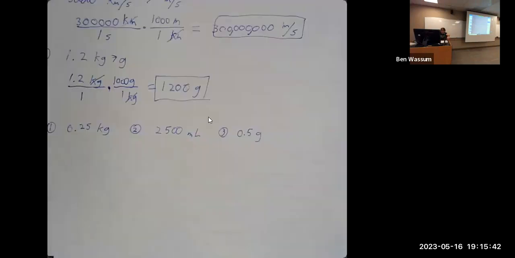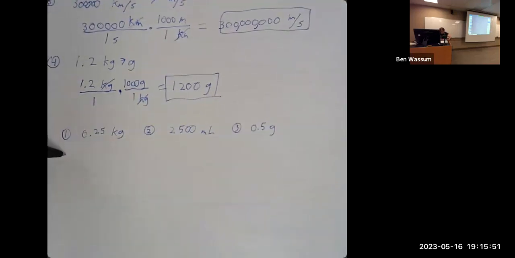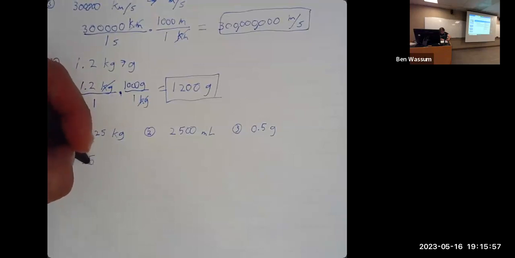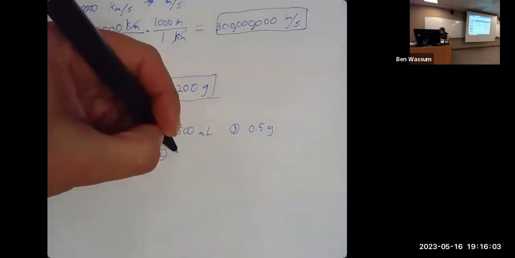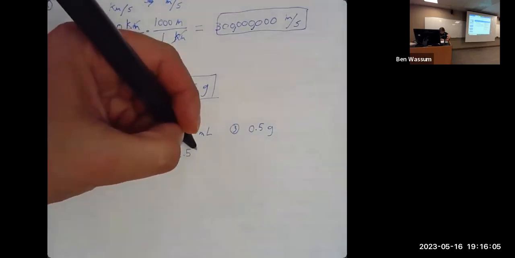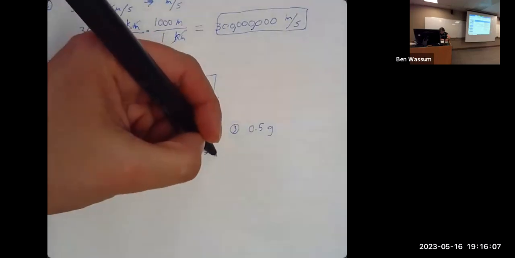Time to look at them. These were what we probably should have gotten. So let's look at them real quick. We had 250 grams to kilograms. We had 2.5 liters to milliliters.